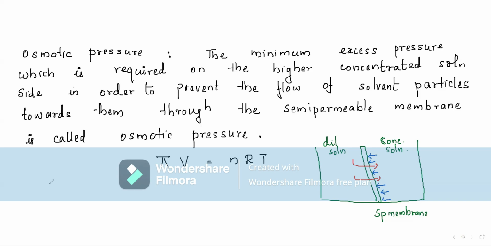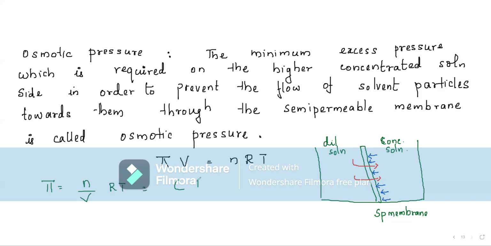Now, π = (n/V)RT. What is n? Number of moles. What is V? Volume in liters. So, n/V can be considered as the concentration of the solution.